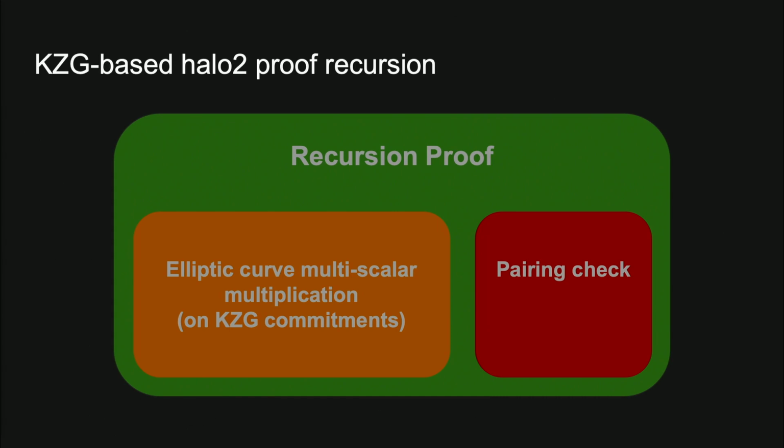But to recursively verify such a proof, there's a bunch of hashing involved, and then a lot of elliptic curve operations. One big part is using these multiscalar multiplications on KZG commitments, and the other part is the pairing check. So using our library, we are actively working on enabling recursion in this system.